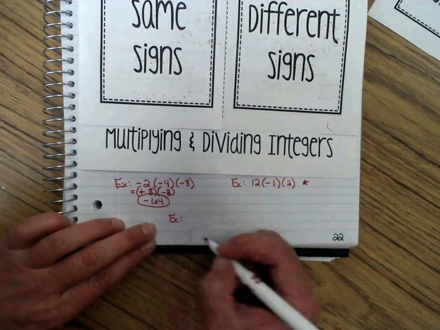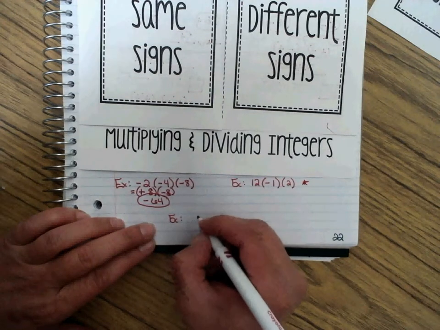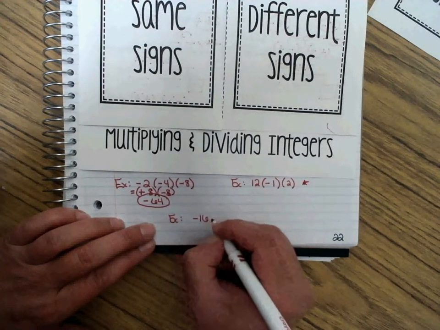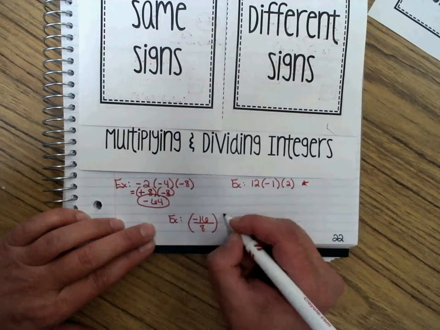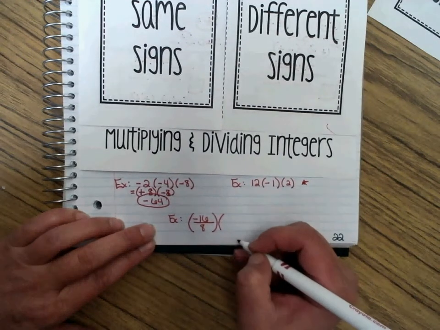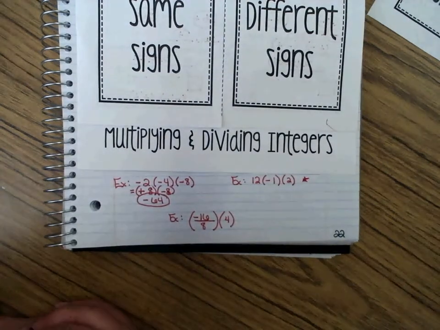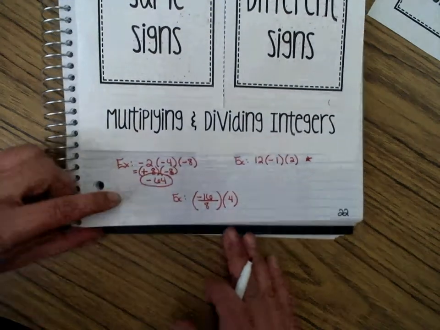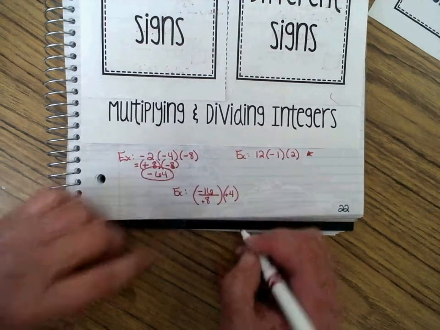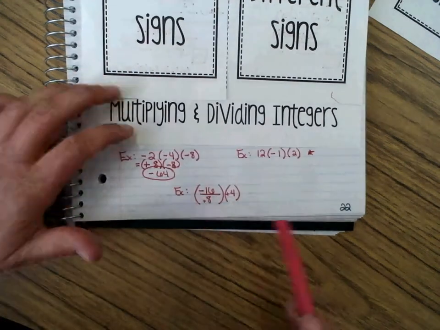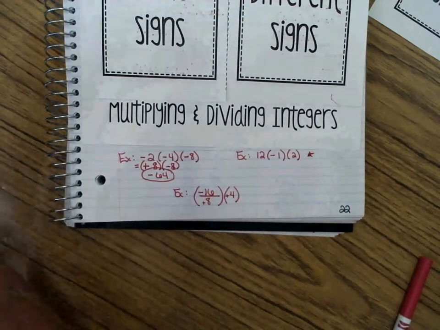I also want you to think through this next problem. I want you to try that one as well. That means negative 16 divided by, this is a positive 8, and then whatever you get there, you multiply it by a positive 4. Okay? So those I want you to have prepared for when you come into class.